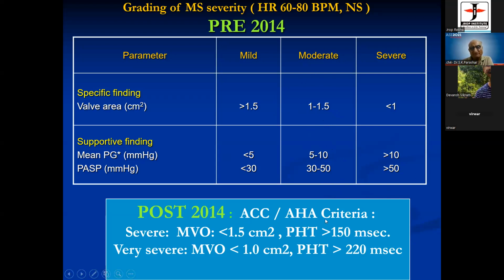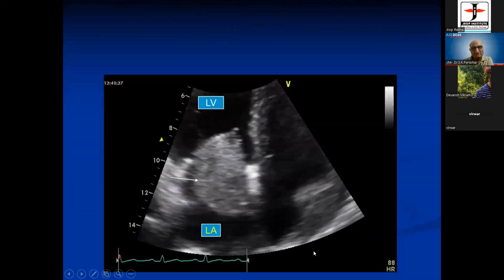So always write in a bracket ACC-AHA criteria. This was a very good paper on valvular heart disease, and we have reduced it, so you can always read whatever connects to you, not that you have to read the whole paper, and it is easily available anywhere. So this is the new terminology which has come in the ACC-AHA criteria.